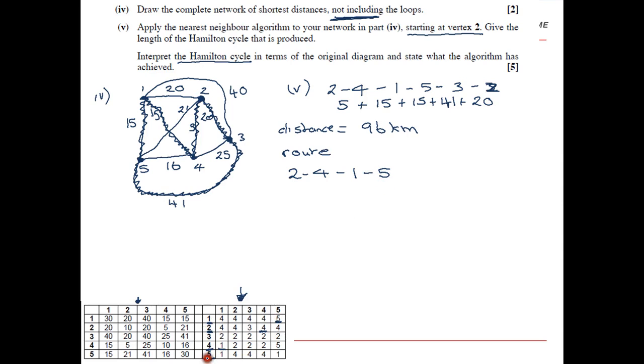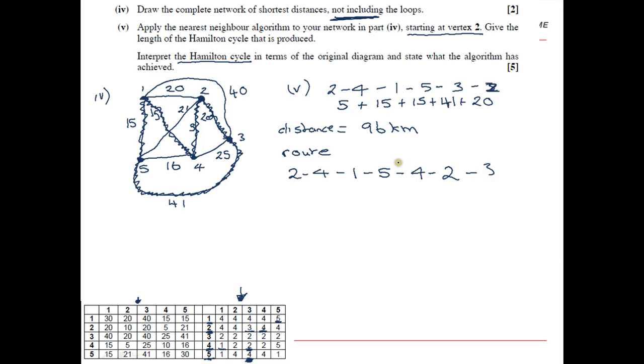When I get to 5, I need to go to 3, but if I'm at 5 and I go to 3, column 3, that takes me to 4. So then I need to go back to 4 and go to column 3, and that takes me to 2. And then I need to go to 2 and column 3, and then I get to 3.